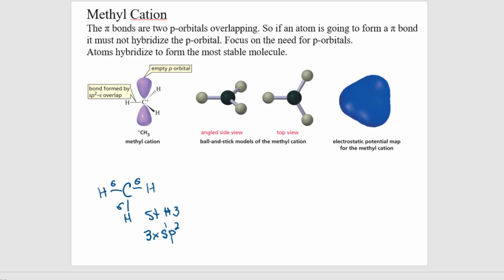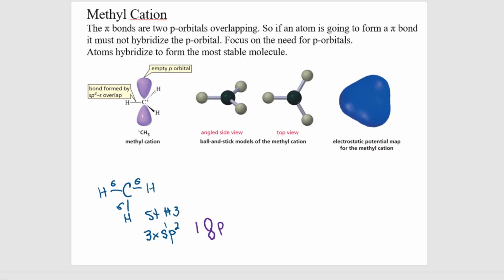However, because I used 3 sp2 orbitals, remember I do have 1 unhybridized p orbital. Even though it's not filled, that unhybridized p orbital is still there and represented by that purple p lobe. It is empty, and the carbon does not have an octet. Therefore, its formal charge is +1.